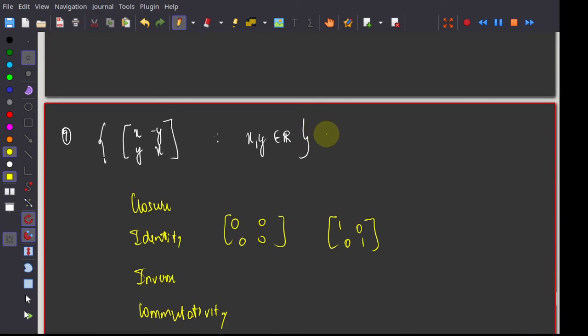This, with standard matrix addition and multiplication, is exactly the same as operating over complex numbers. This is another representation of complex numbers. So we say that this is isomorphic to the field of complex numbers. Two fields which are essentially isomorphic.